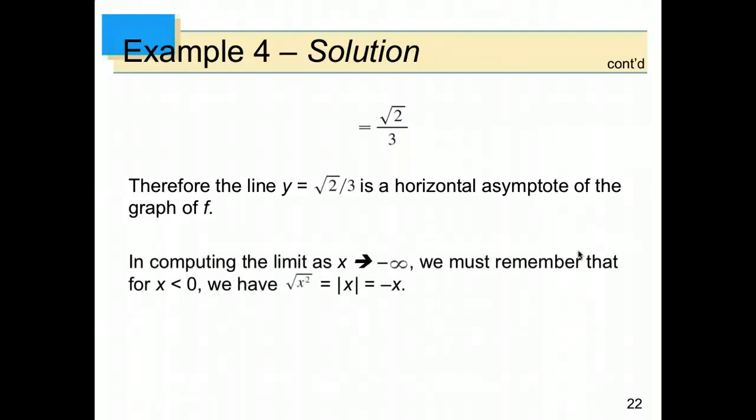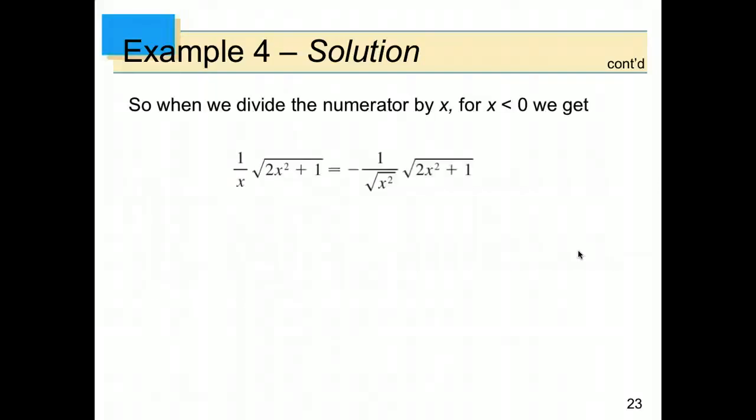Now, in computing the limit as x goes to negative infinity, we just have to remember that for x less than 0, when we have radical x squared, that's the absolute value of x, which is the opposite of x, because once again, we're going x less than 0.